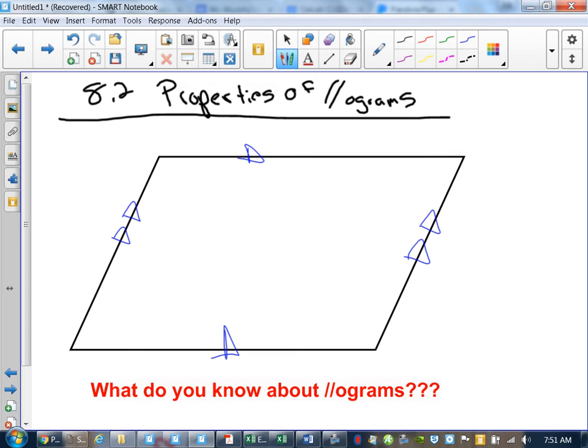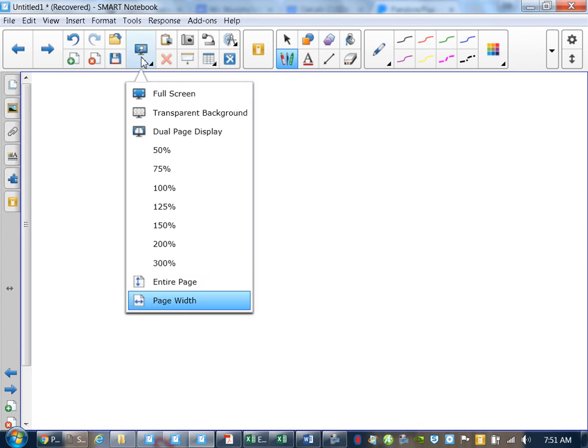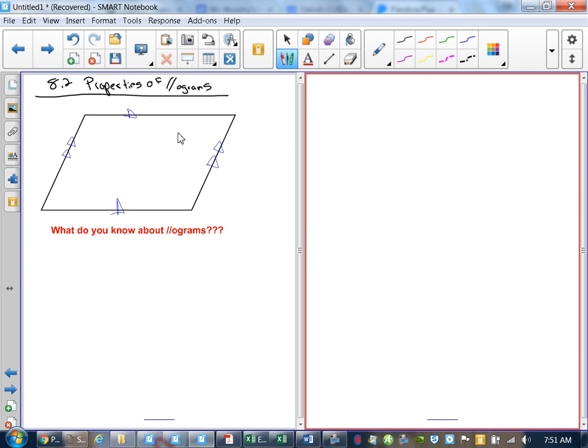So, let's make a list. We'll go back and forth here. So we have opposite sides parallel, opposite angles congruent. I'll mark my angles.